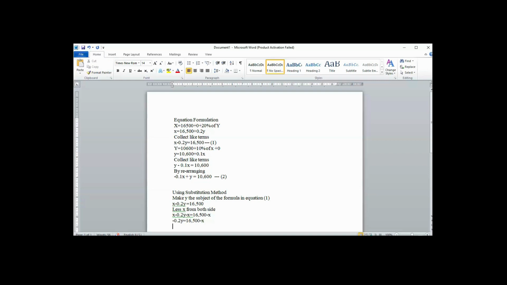How do we cut the coefficient of y away? We divide both sides by minus 0.2.